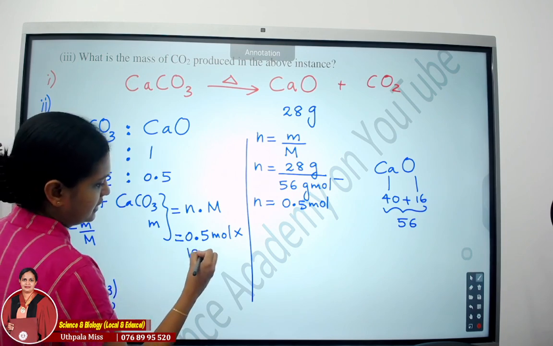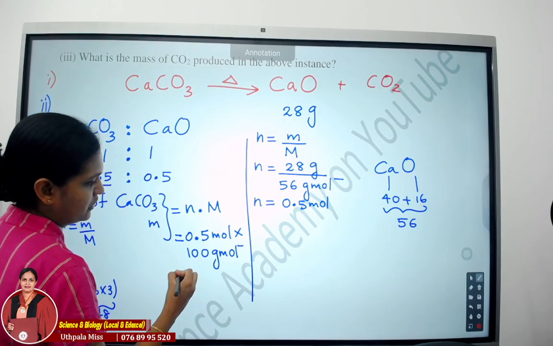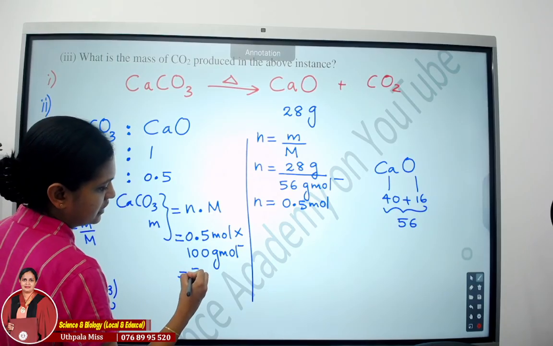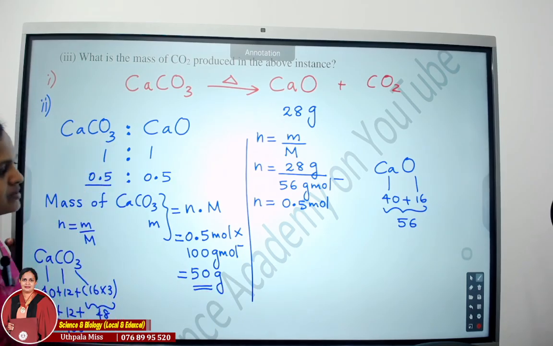When we take it in grams, the molar mass is 100 grams per mole. So that is 0.5 into 100, 50 grams. 50 grams. So බලන්න 50 grams කියලා ගත්තා. The mass of calcium carbonate to be decomposed is 50 grams.